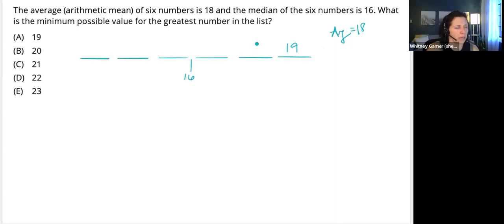If all of these were 19, the only way to get my average to be 18 would be if all of these numbers were 17. And that wouldn't be allowed. So 19 won't work.